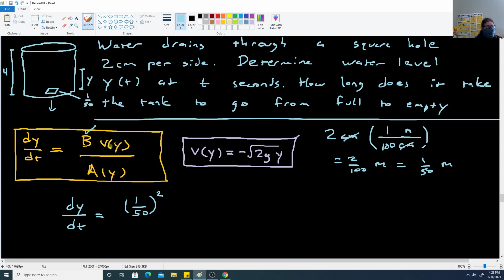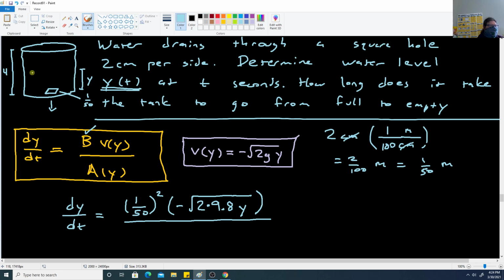For the velocity, this is going to be negative square root of 2 times g, which, since we're in meters and seconds, g is 9.8. And then y is just itself, y. This is going to be the thing ultimately we try to solve for, so we can figure out y of t, which is the water level at a time t seconds. That's all over the area of the tank at height y.